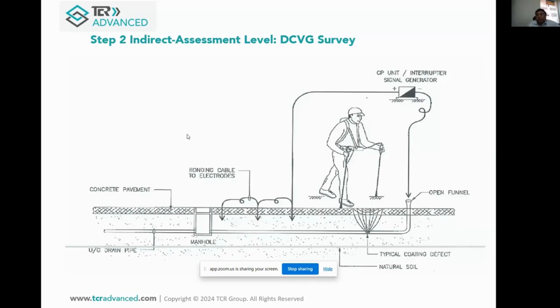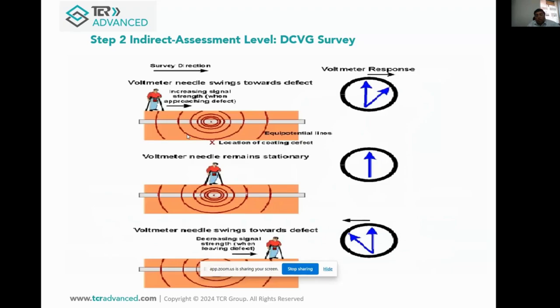A CP unit or interrupter will signal the generator, and when the person walks on the coating defect, this is the better slide. When he is approaching the defect location, his needle will move. The voltmeter will move to the right. When he is exactly on top of the defect, his needle becomes straight and remains stationary.